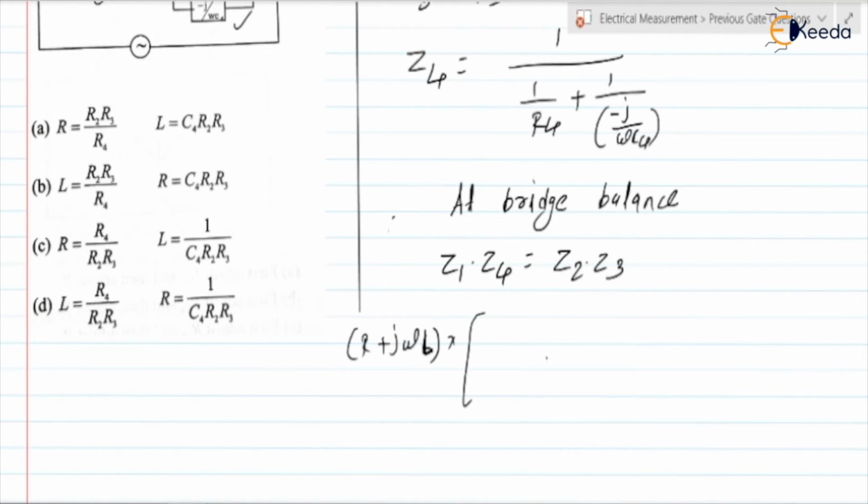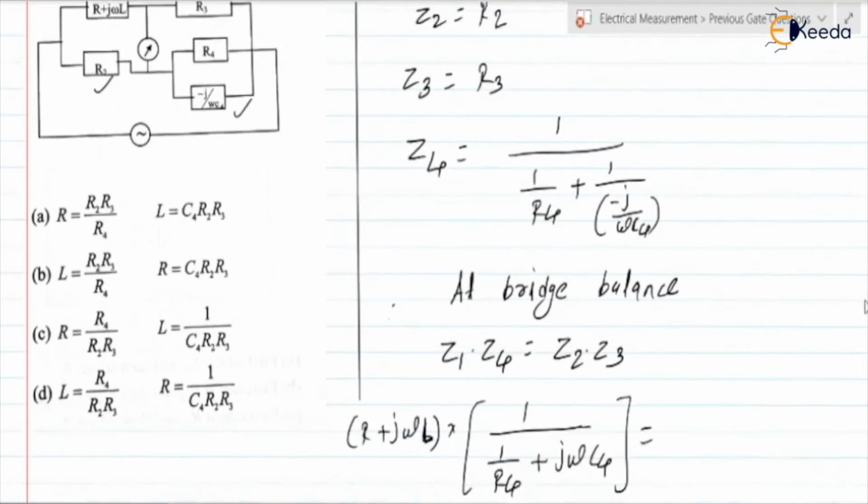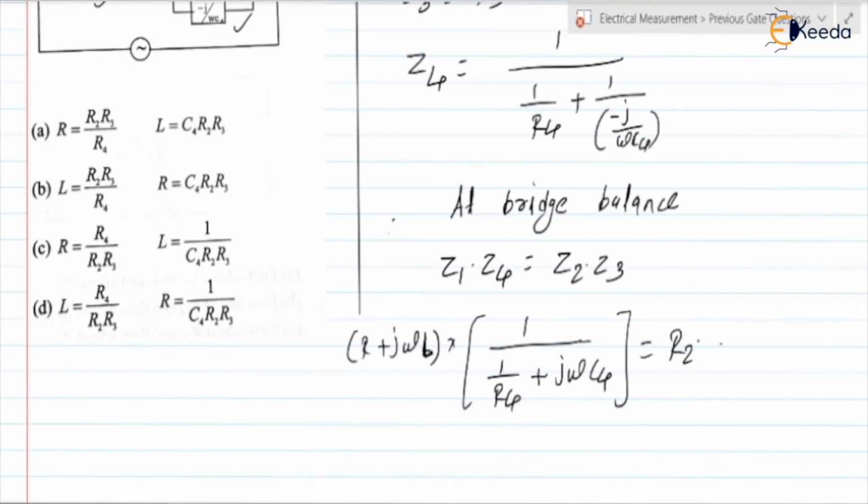So we can write it as 1 upon, I am directly taking the cross, 1 by R4 plus 1 upon minus J by omega C4. So it is like omega C4 divided by minus J. So 1 by minus J is plus J, okay. So it is like plus J into omega C4 is equal to, yes, we are having Z2 into Z3. Z2 is R2 and Z3 is R3, okay.